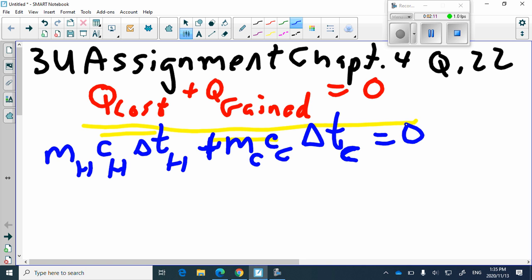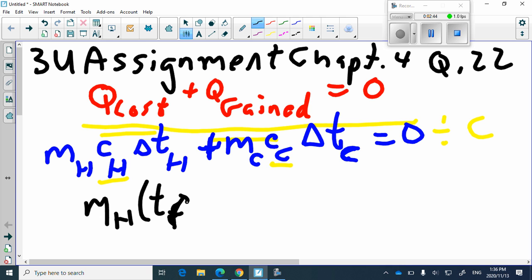Now, what's very interesting here is both materials are water, hot water and cold water. So that means specific heat capacity for the hot water and specific heat capacity for the cold water, it's the same number. So I'm going to divide the equation by that. So it removes it completely. I've divided through. So we're left with mass of the hot water. Then look here. Temperature final.